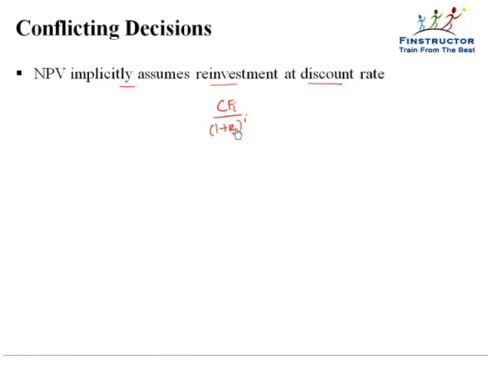And please recall from the review on time value of money that the appropriate rate to discount any cash flow is the opportunity cost, or the rate that that capital could have earned had you received it today. Now, please understand that the discount rate, which in the case of NPV is the cost of capital, and we'll study this in more detail in the next review, is a conservative assumption.